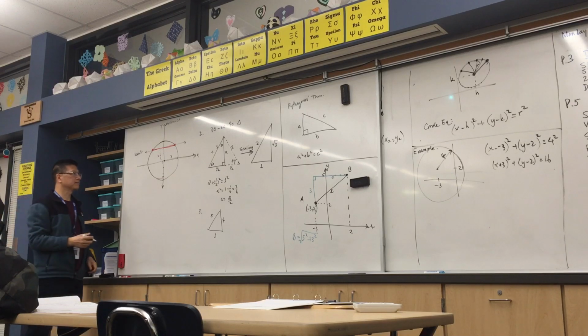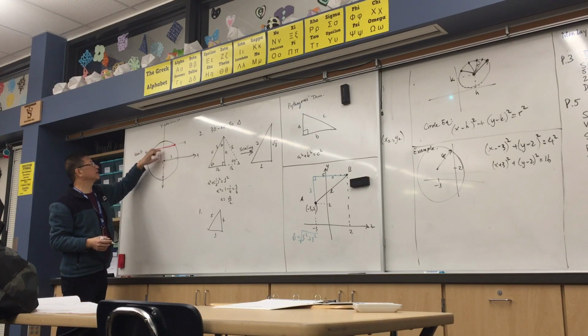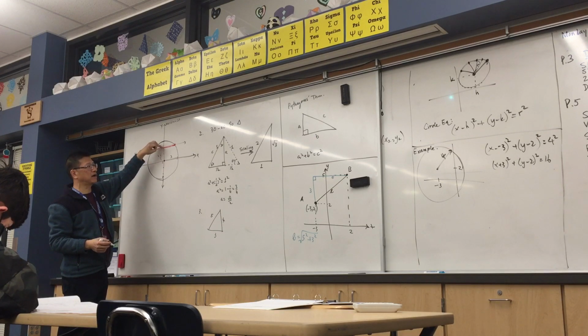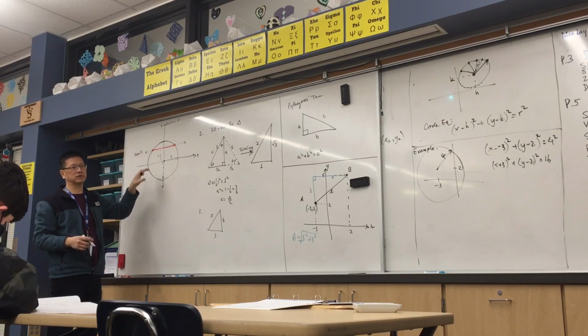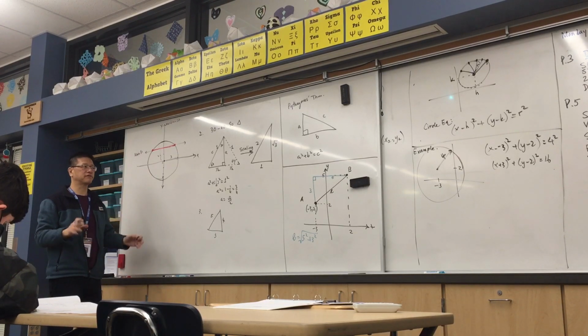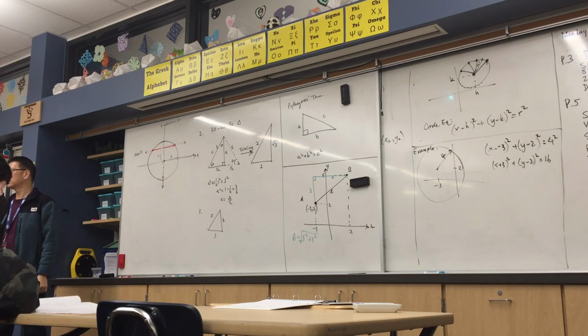I could put the coordinate system somewhere else, but then the equation of the circle would be a little more complex. It'd have some constants in it, and I'd have to do more algebra and probably make more errors. So if you choose the right location for the coordinate system, you can make life a little bit simpler.